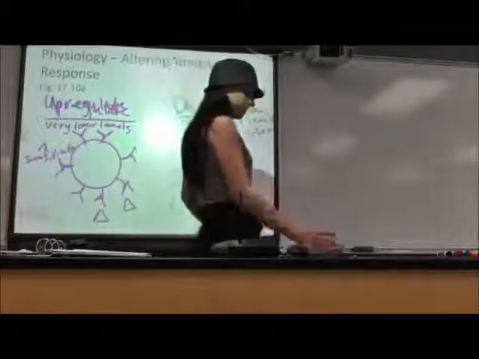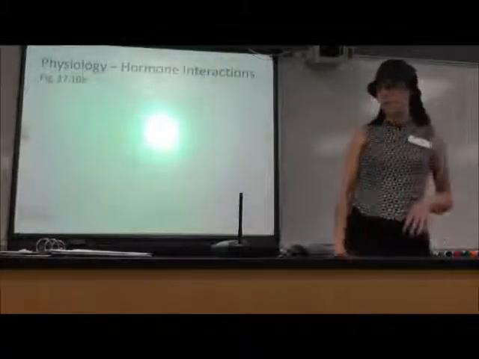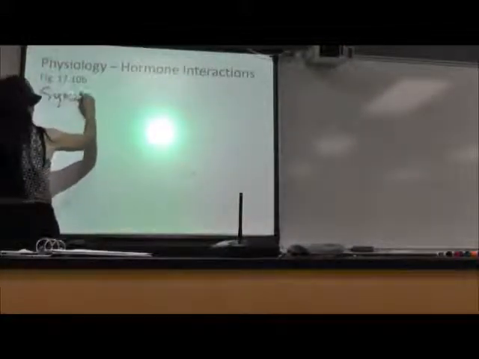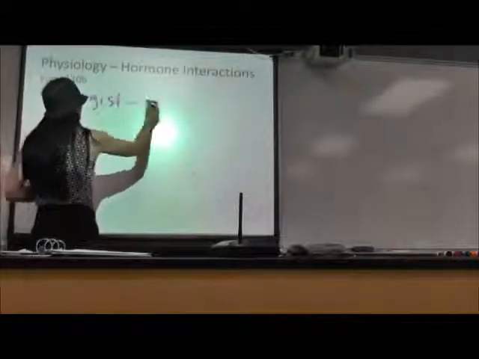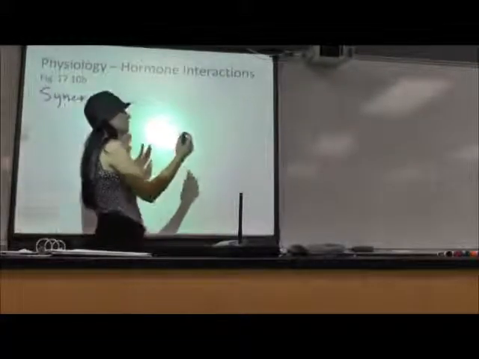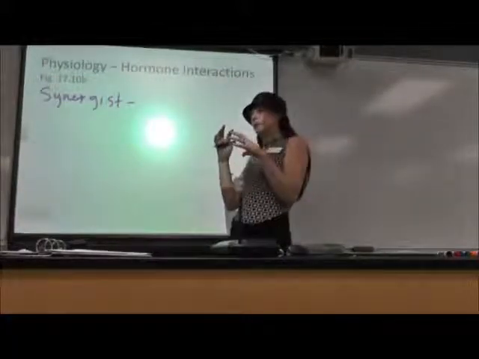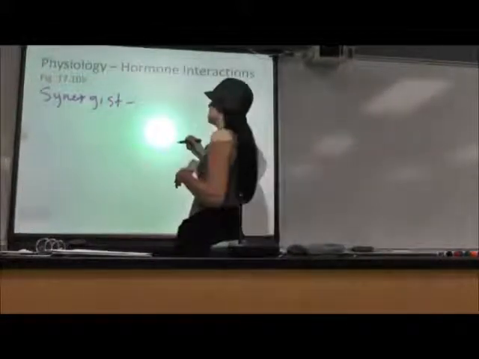Now what happens when we have target cells that are targets for more than one hormone? We have to think about the ways that hormones interact, and they can interact one of three ways. Hormones can either be what are called synergists. With a synergist, when you've got both hormones bound, you get an amplified response that's more than just additive.